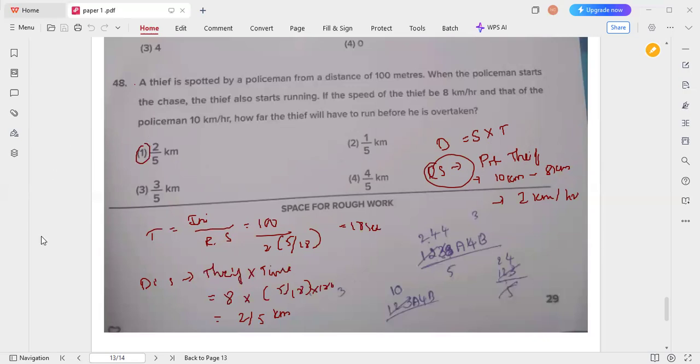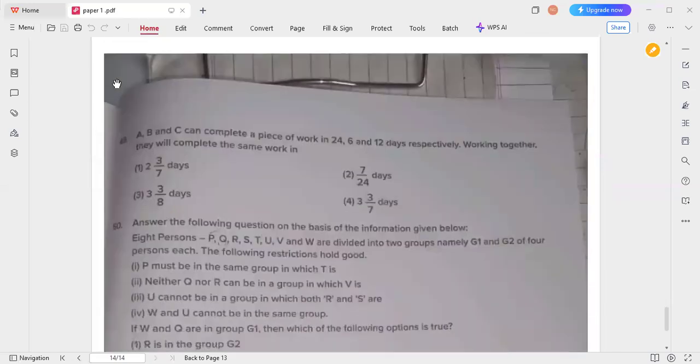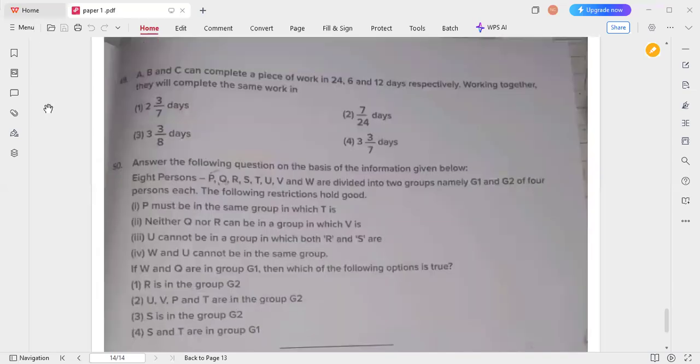Okay. So the next question. A, B, and C can complete a piece of work in 24, 6, and 12 days, respectively. Working together, they will complete the same work in how many days?